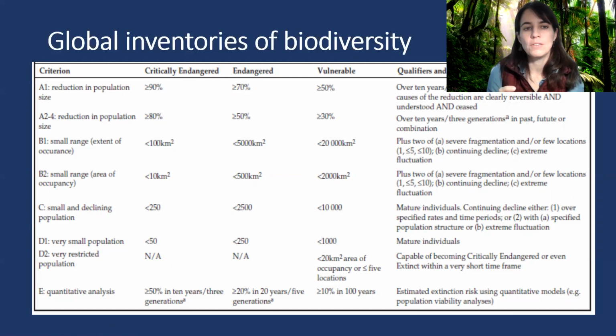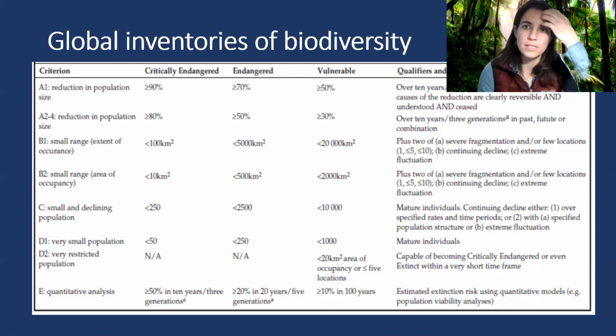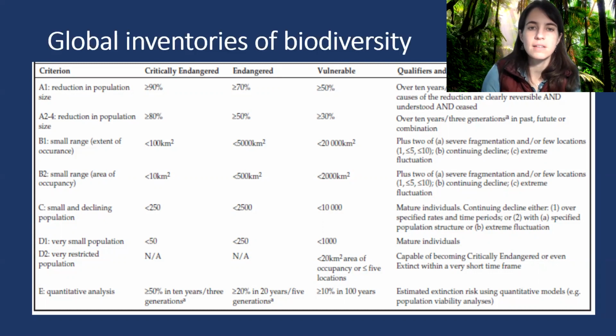Endangered is less than 250 mature individuals, and critically endangered is less than 50. So you can see that the rankings that you have to get into these criteria are very extreme. They're very rigorous. And these aren't the same criteria that the Endangered Species Act in the United States uses. The Endangered Species Act in the United States has relaxed these criteria a little bit, but these are the ones that IUCN uses.